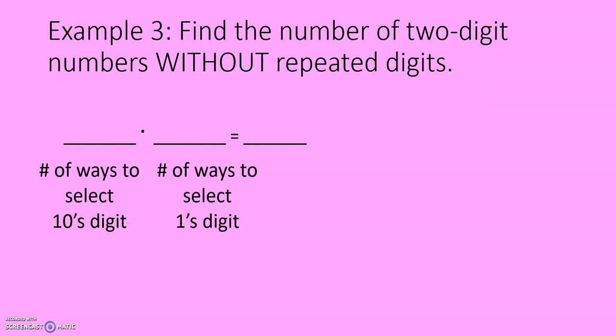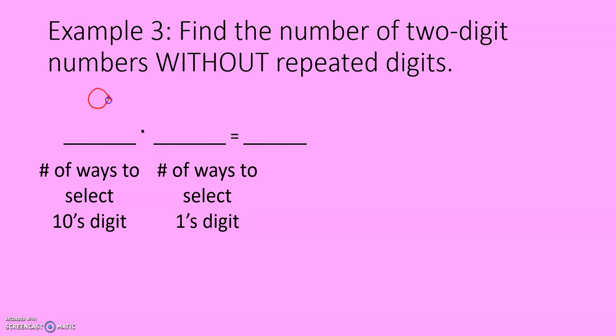Example 3, find the number of two-digit numbers without repeated digits. The number of ways to select the tens digit: again, we want a two-digit number, so we do not want that first digit to be 0. So it could be 1, 2, 3, 4, 5, 6, 7, 8, or 9.